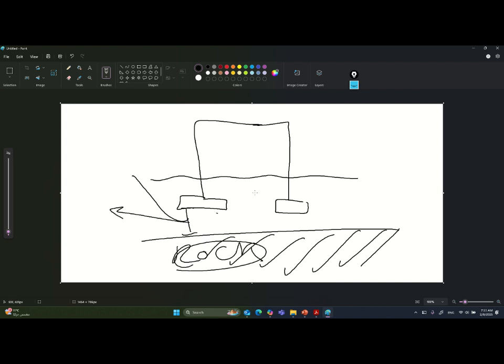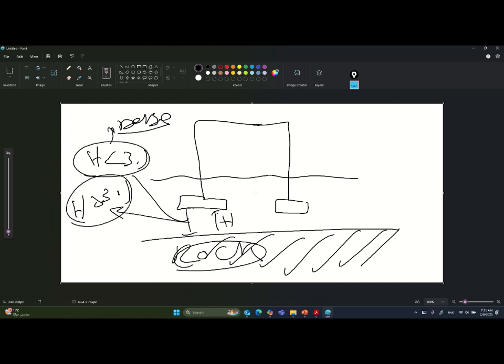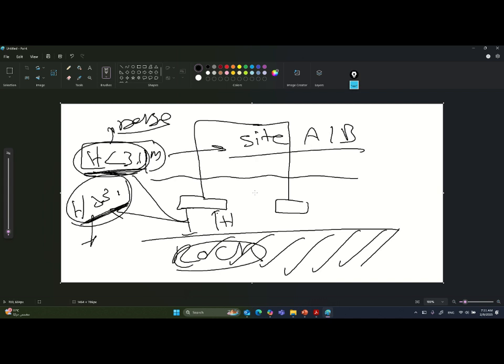The first one, this H is less than 3.1 meters of dense soil, not rock, or the H is more than 3.1. If H is less than 3.1 meters, then I can consider site class A or B. If H is more than 3.1 meters, although I have a very large area of rock and so on, that is the height of the bottom of the foundation.